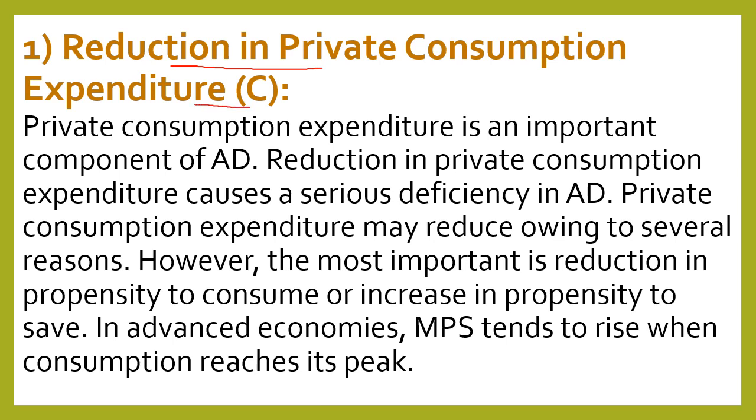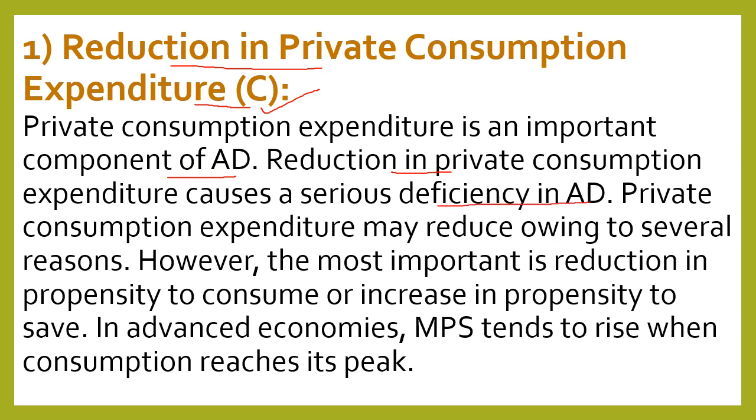As we read, C is a very important component of AD. If consumption and investment expenditure reduce, then automatically our aggregate demand will also reduce. Reduction in private consumption expenditure causes a serious deficiency in AD.